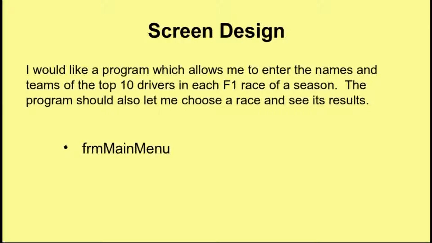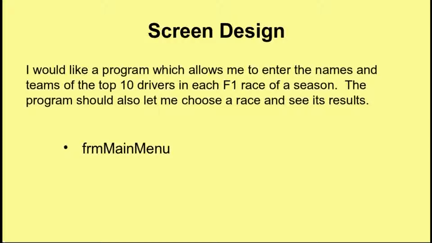Notice that the main menu name starts with FRM. FRM is short for form, and that way we know when we're coding things up exactly where we are and what we're using. You'll see this technique used all the way through all future videos. It's called Hungarian notation.